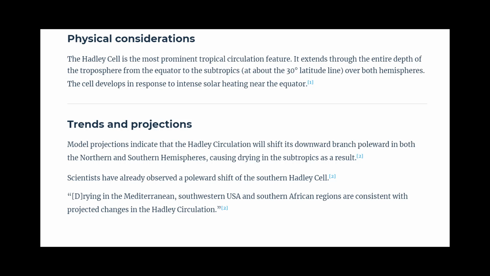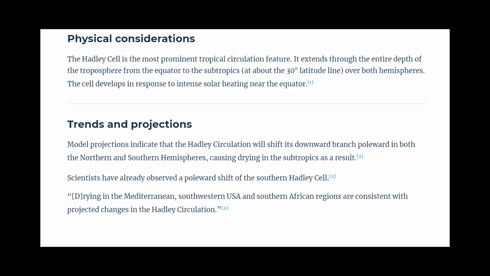Model projections indicate that the Hadley circulation will shift its downward branch poleward in both the northern and southern hemispheres, causing drying in the subtropics as a result. Scientists have already observed a poleward shift of the southern Hadley cell. What does that mean? That means the clouds are moving backwards towards the South Pole, away from the equator.